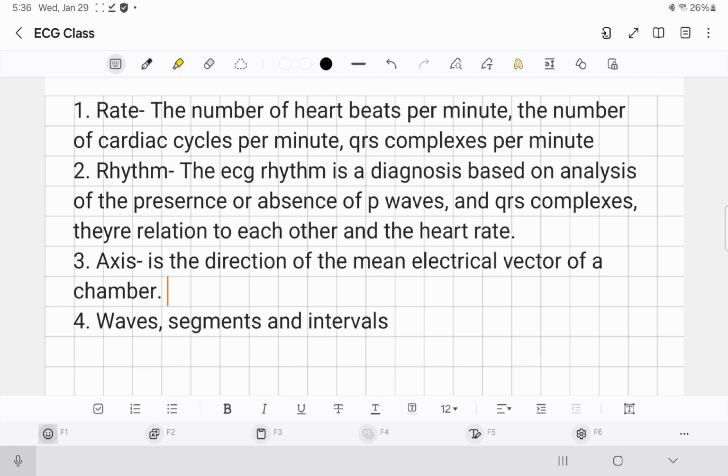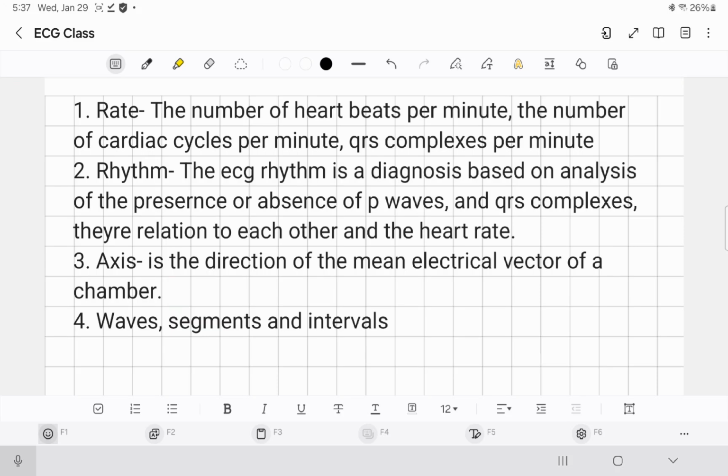So you don't need to know the exact value in most situations, like the vector is 55 degrees or 70 degrees. Most of the time that's not really required. You just need to know if it's between 0 and 90 or 90 and 180, so on and so forth, right? So you just need to know if it's within the normal range or in the range of left axis deviation, right axis deviation, and we'll speak more about that.